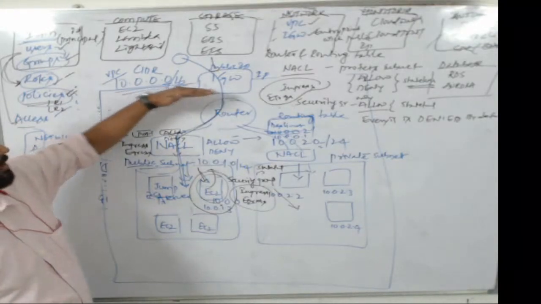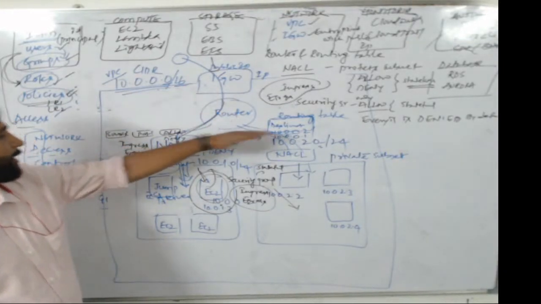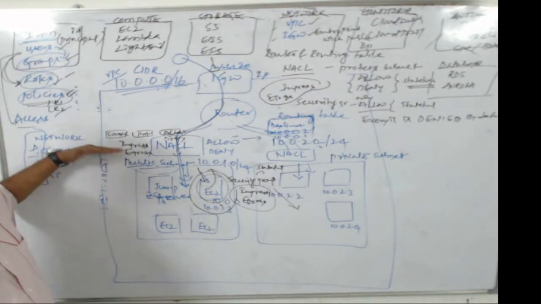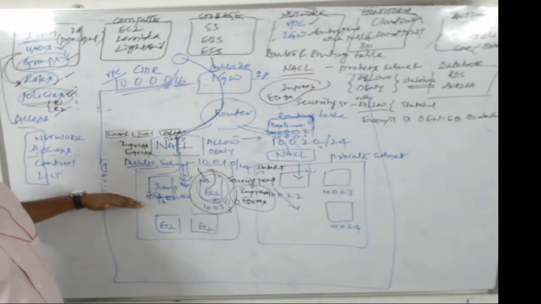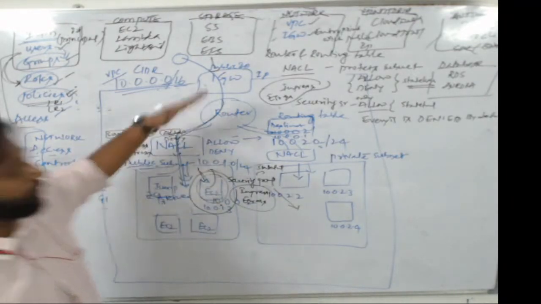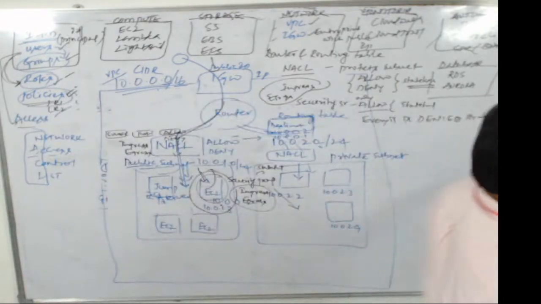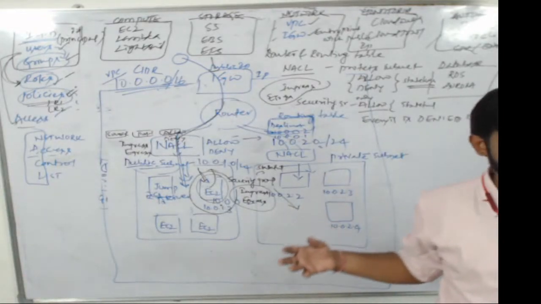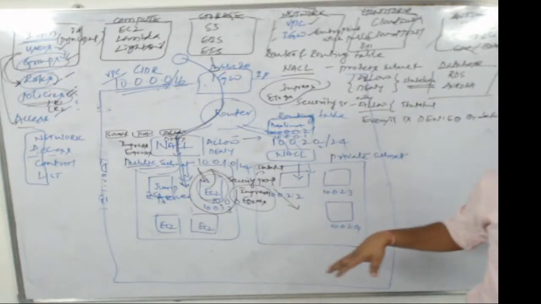You create a VPC, you create an IGW, you create a routing table, you configure NACLs, you create subnets, you create security groups and configure them and assign them to your EC2 instances. In our workshop, you're going to do a very simple architecture after you are done with the basic task. Then you will get some clarity.